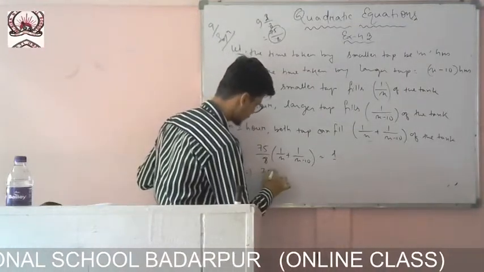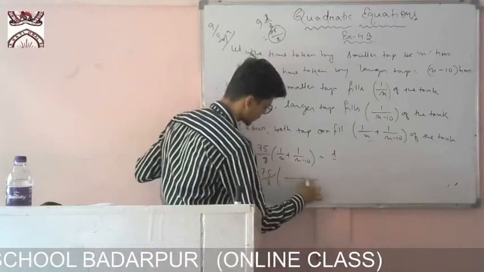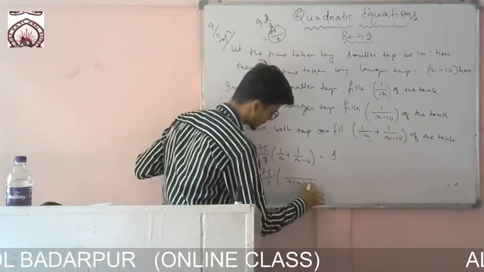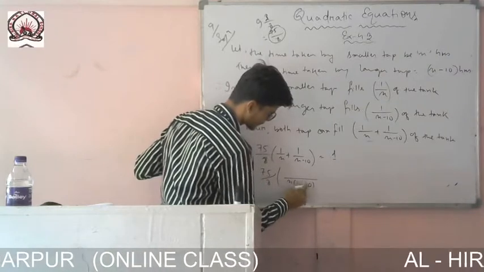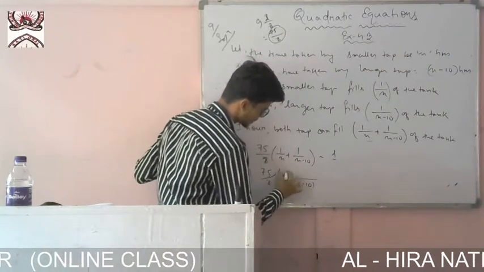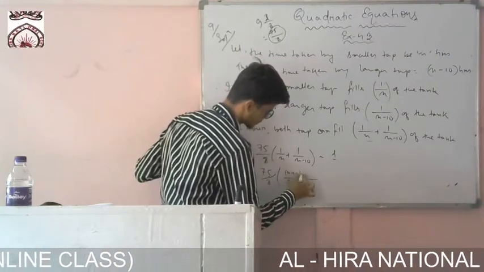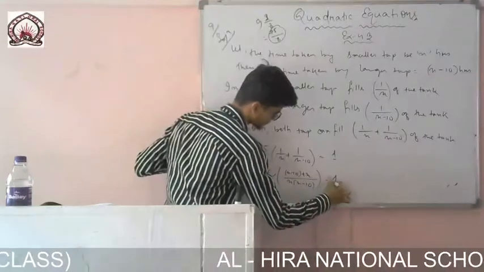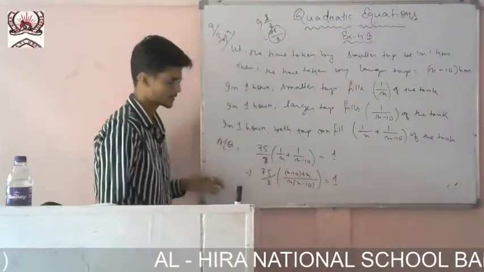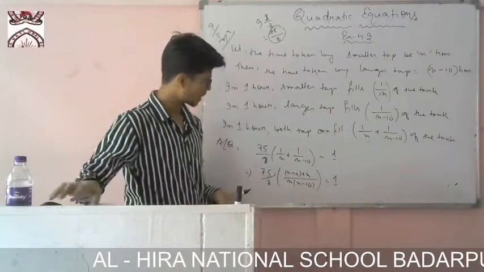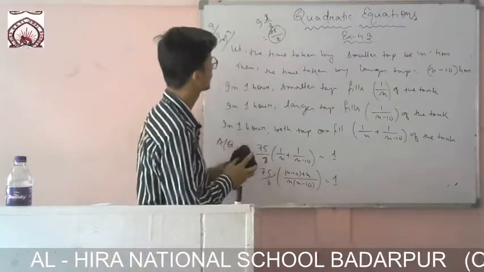So 75 by 8, and this one if I solve, x into x minus 10, it will be x minus 10 plus x. Now we'll go on solving this one.